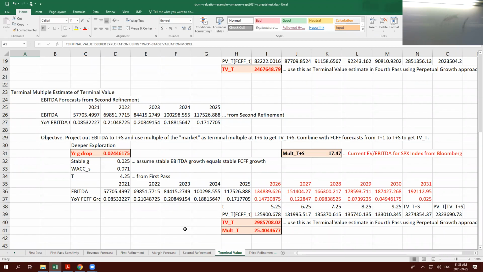So going back to Quient, I'm ignoring the fact that I actually also believe multiples will fall in 5 and 10 years. That's being ignored here completely, because I'm using the market multiple right now for the S&P 500 as my estimate of what the market multiple in this Amazon's mature multiple will be in 10 years. There's leaps there, right? So 17.47.